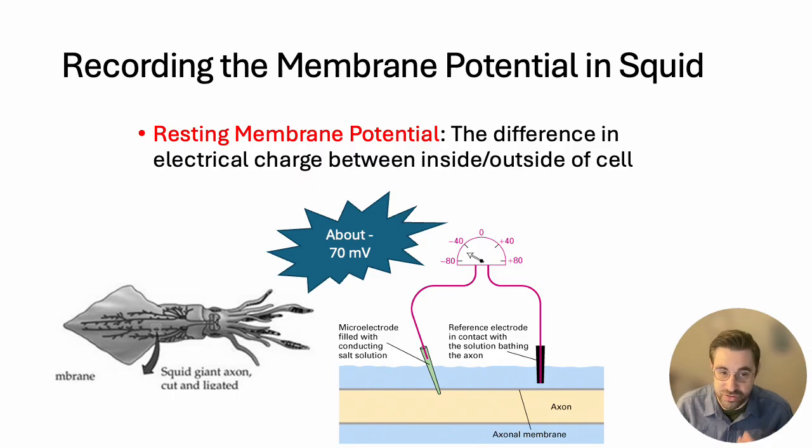So they plugged an electrode into the axon, they plugged a reference electrode outside of the axon, and they found that there was this electrical charge. So there's something going on electrochemically that is causing the axon to have this electrical charge, and they figured that there may be an electrochemical basis for neural communication, and they started to study that in the squid.